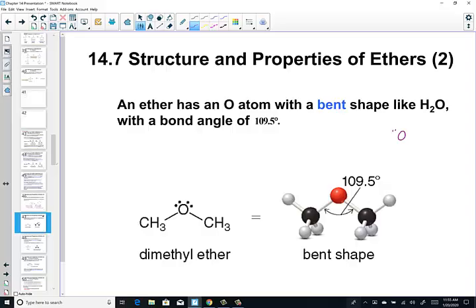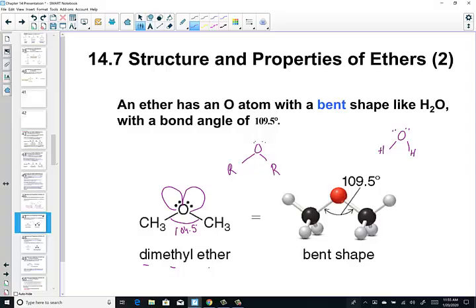Water, of course, has two lone pairs, two bonds to different atoms, and so does an ether. The oxygen of an ether still has two lone pairs, and it leads out to two carbon chains, just as dimethyl ether shows here, indicating about 104.5 degrees, knowing that these electron pairs take up more space than the ideal 109.5 tetrahedral shape.